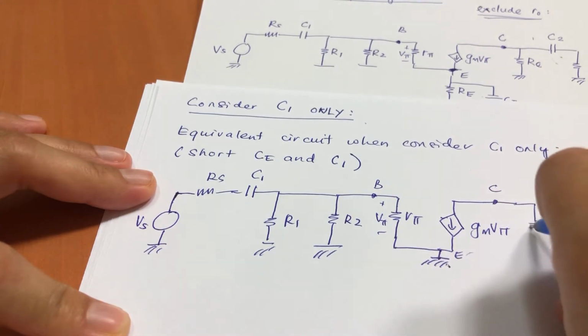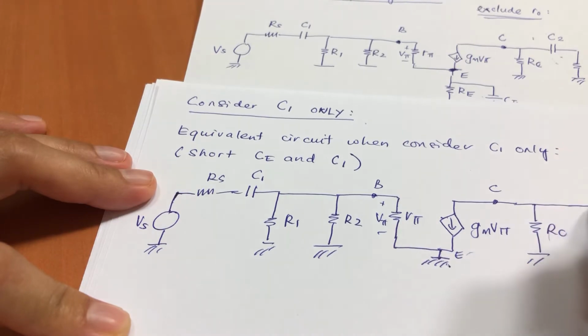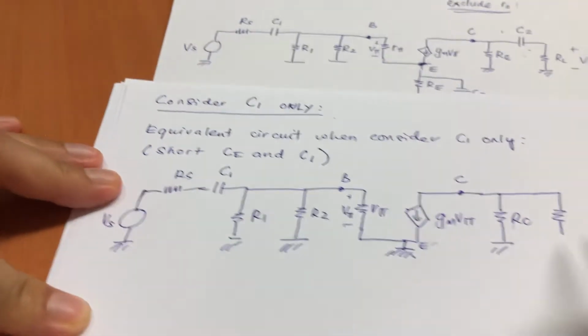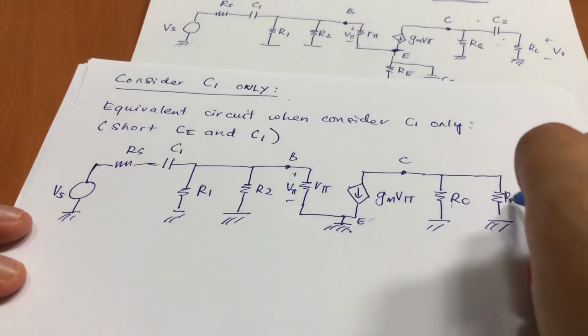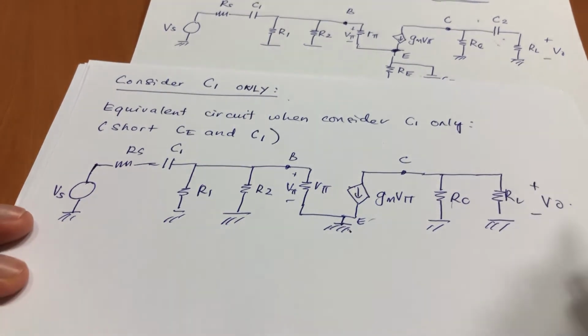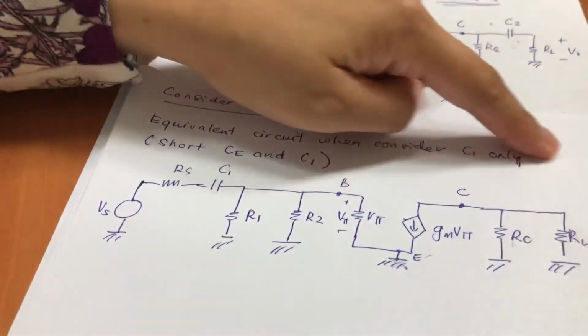So your RC is shorted, C2 is shorted, so this is going to be in parallel. So this is the equivalent circuit when considering C1 only.